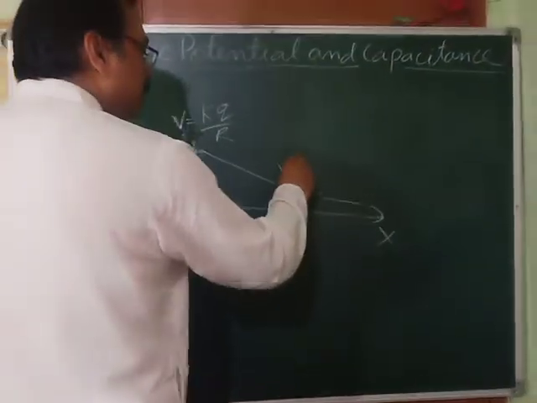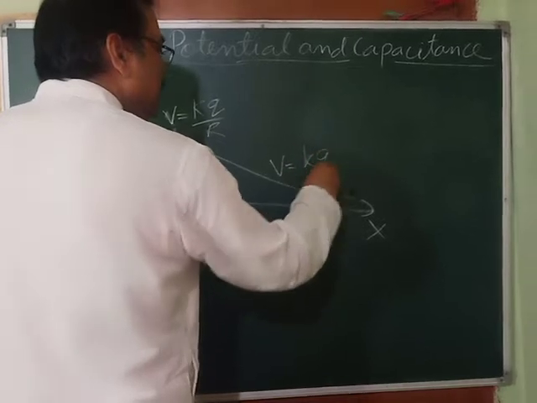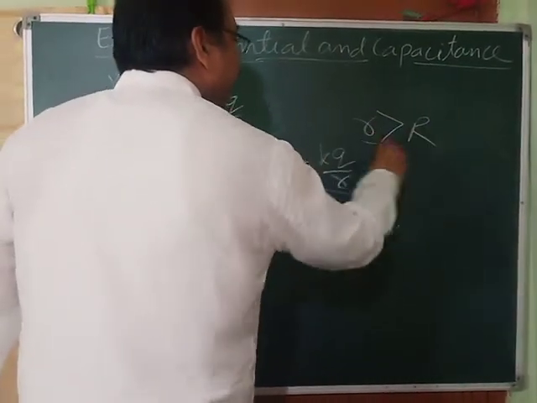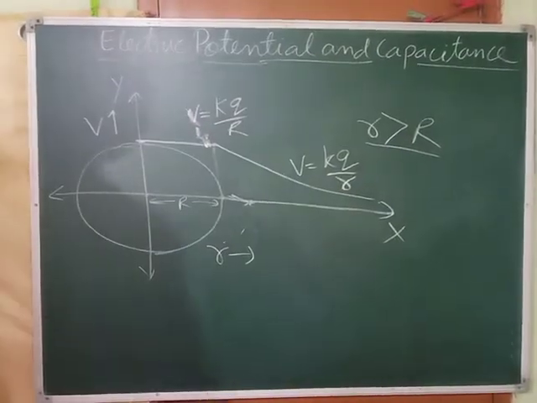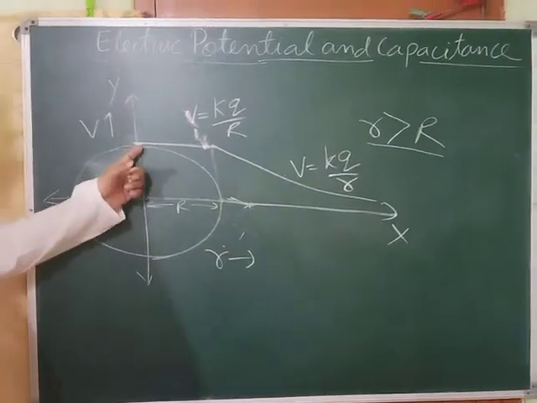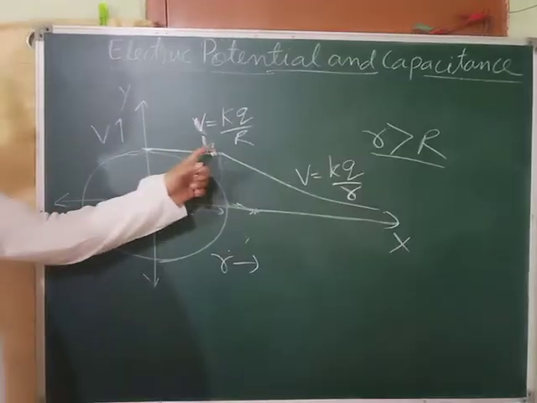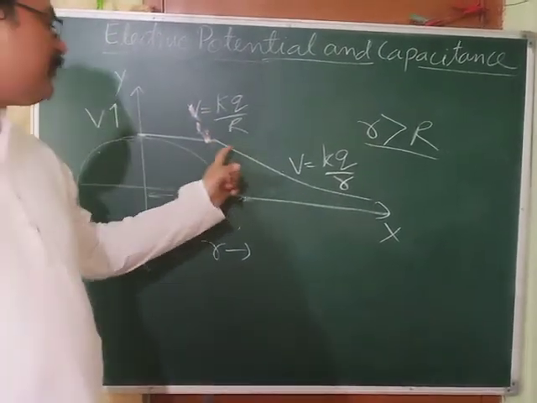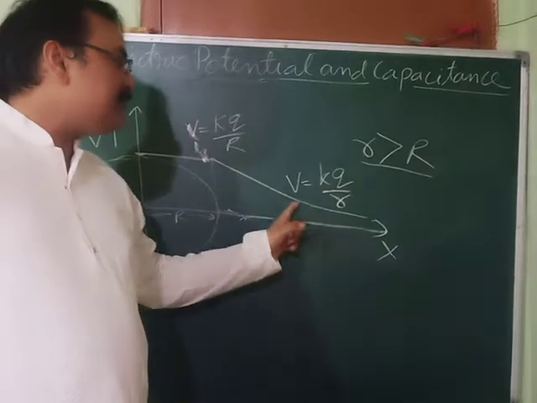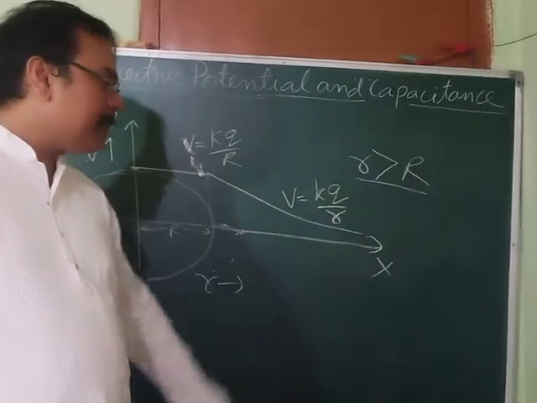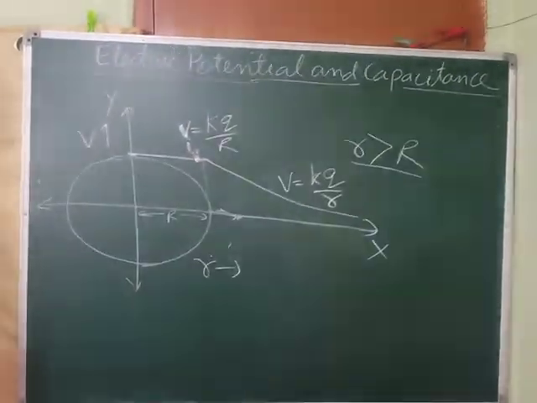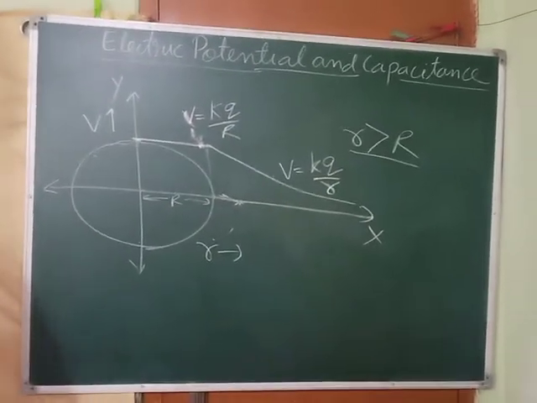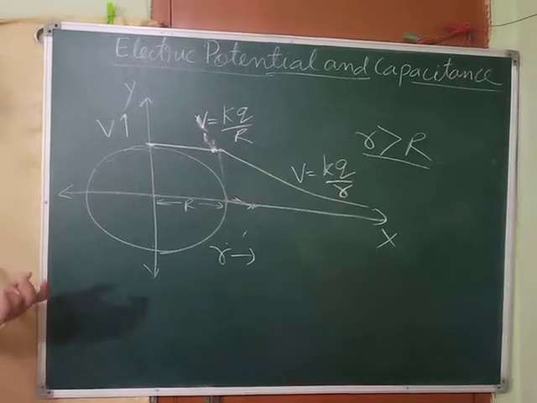Because here V equals KQ by small r, where small r is greater than capital R. So inside this sphere, till the surface of the sphere, it is V equals KQ by R, and then when we come outside, it starts decreasing with increasing r. So this is the graph for variation of potential due to a charged thin spherical shell with distance from its center.